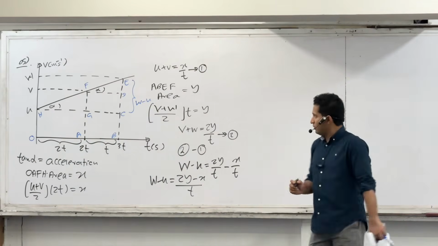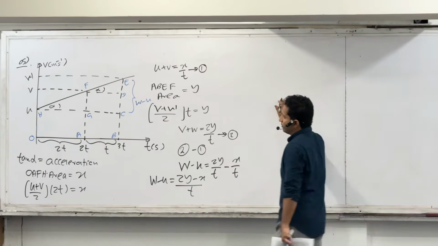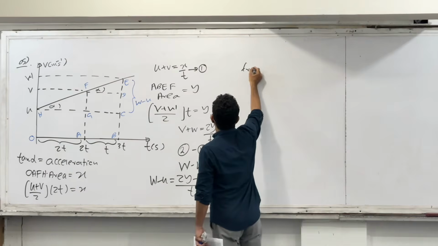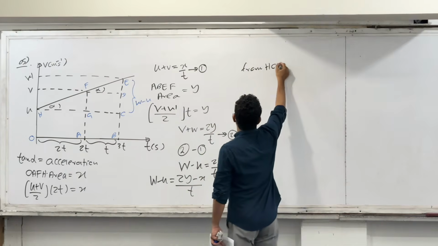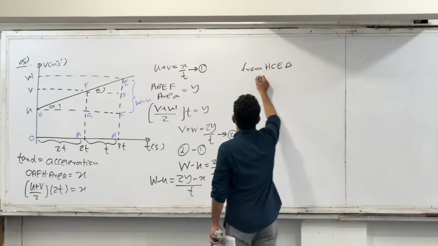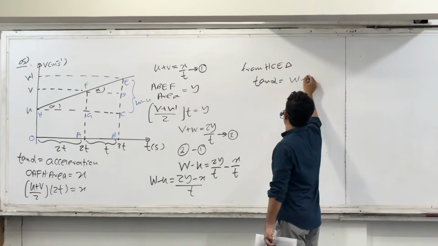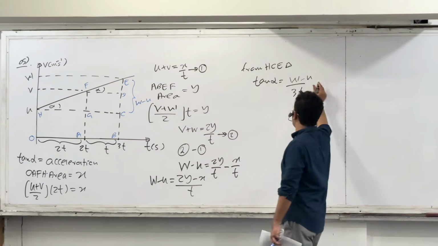Now acceleration equals tan alpha, which we can take from the HCE triangle: tan alpha equals w minus u divided by 3t.